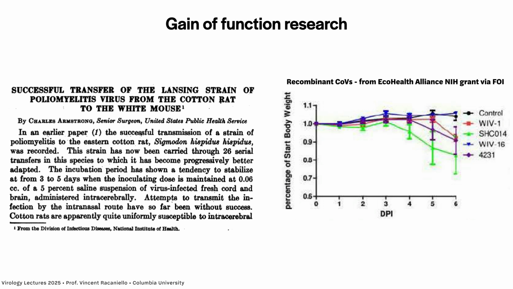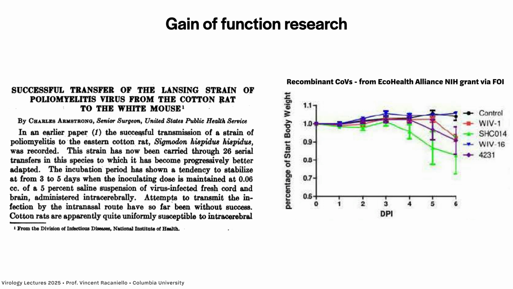On the right is the kind of experiment that got the EcoHealth Alliance and the Wuhan Institute of Virology in huge trouble. And this is work that they were doing. They would take coronaviruses that infect bats and substitute in spike protein genes from other wild bat-infecting coronaviruses and see if they change their properties.